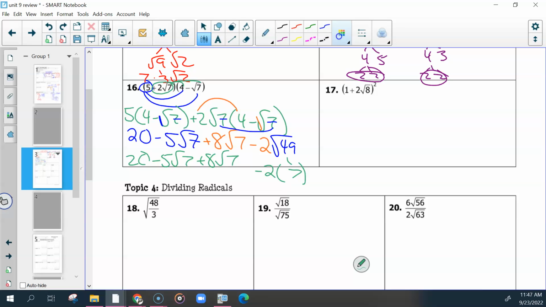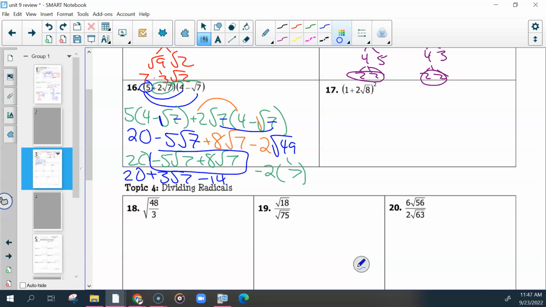The square root of 7, yes. So if we combine those, what would that give us? 3, positive 3, times the square root of 7.